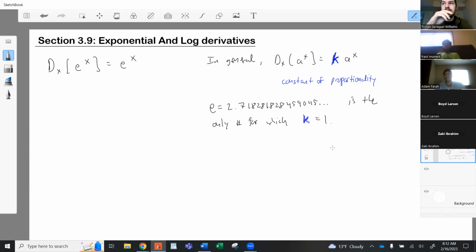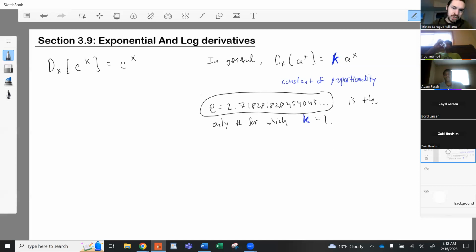Okay, so rather than the rate of change being like 2 times the original function, or 1.5 times the original function, or 2/3 of the original function, it's 1 times the original function, straight up equal to the original function. And this is the only number for which that's true.